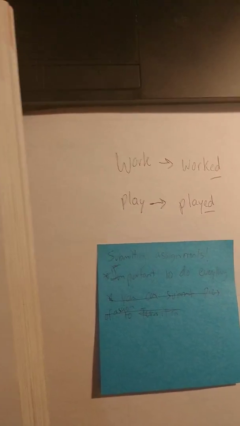Now in this chapter, we are going to talk about irregular. Okay, now these verbs are very common, very popular verbs in the English language. We use them all the time.